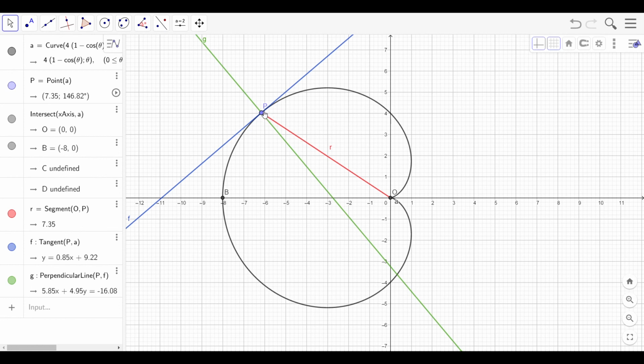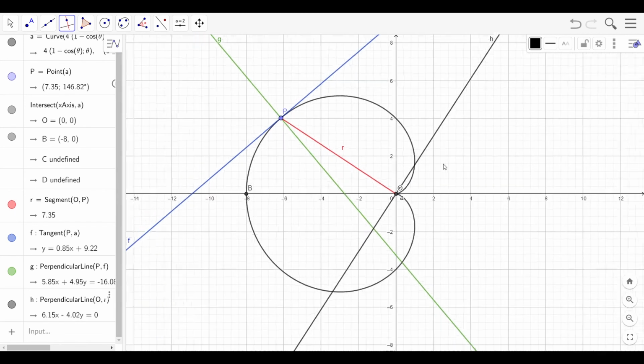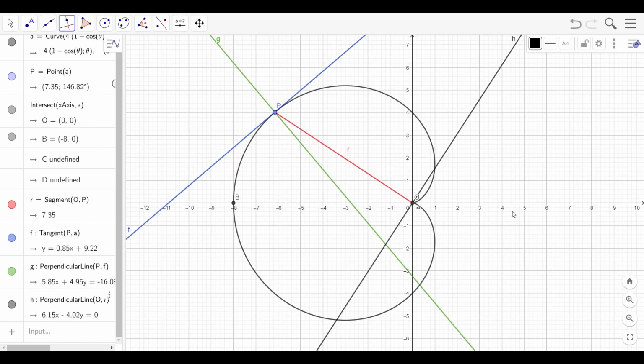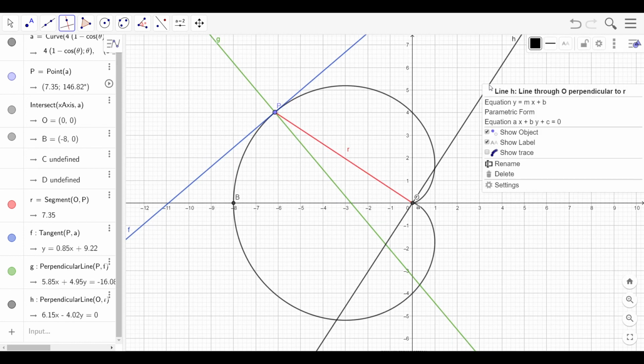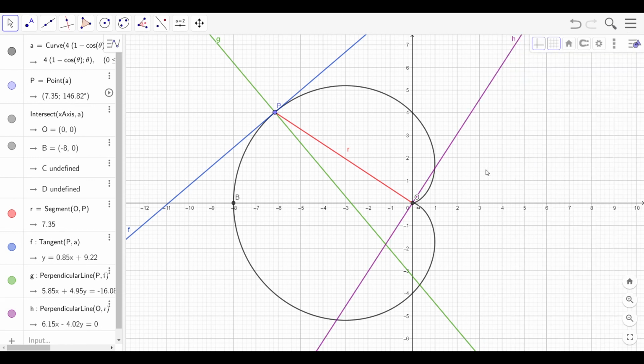Now you draw a line perpendicular to OP. Then the normal meets the line through O at this point.